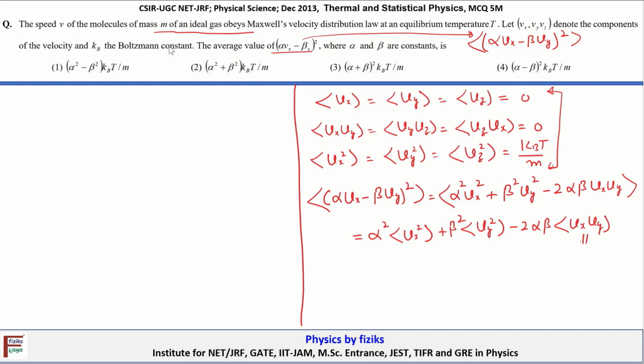So this quantity will be 0, and these two quantities are equal to kT by m. So combining these terms, this is equal to alpha square plus beta square multiplied by kT by m. Therefore option 2 is the correct one here.